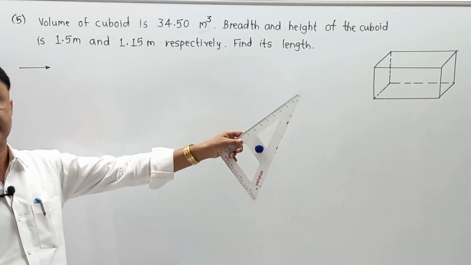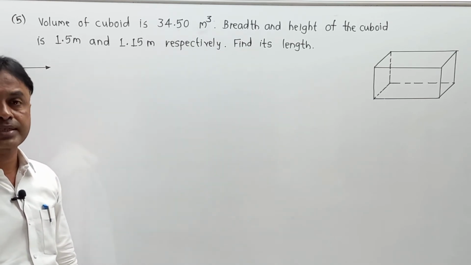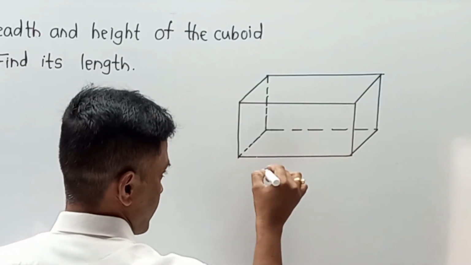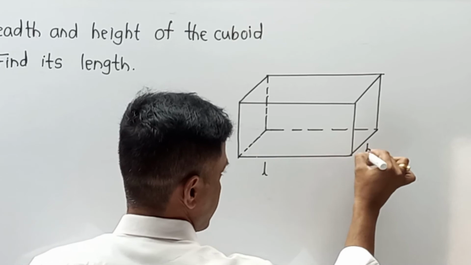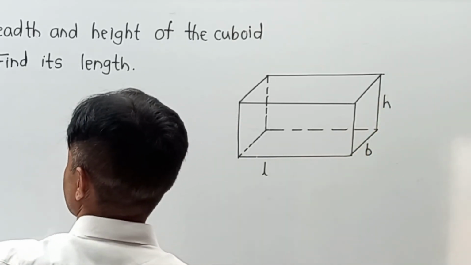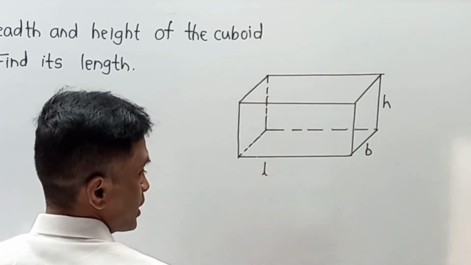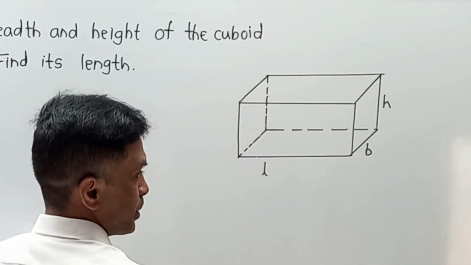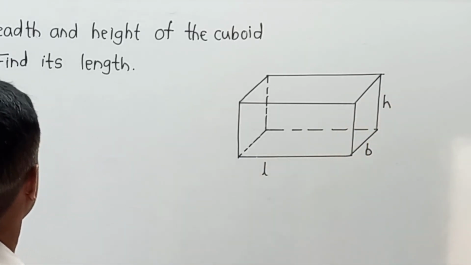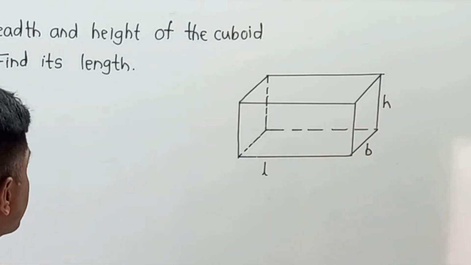Please try to understand the question from a diagram point of view, as the diagram is not provided in the book. They have given us a cuboid having a particular length, breadth and height. Its volume is 34.50 cubic meter, means length into breadth into height is 34.50 cubic meter.